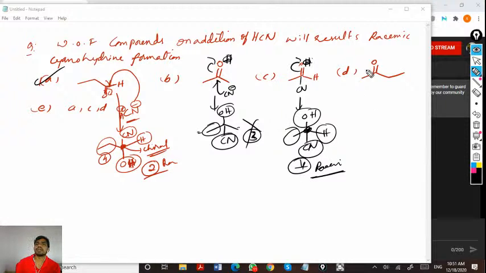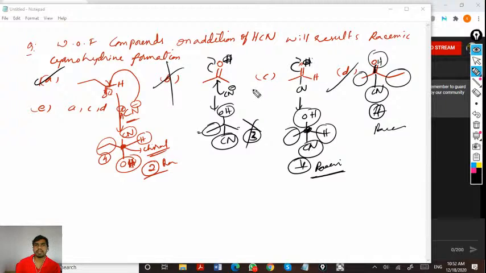Okay. Now this one. It becomes OH and becomes CN. So 1, 2, 3, 4. So four different groups are there. Again it is going to give a racemic mixture. So B cannot give, C can and D can. So A, C, D will give a racemic mixture.